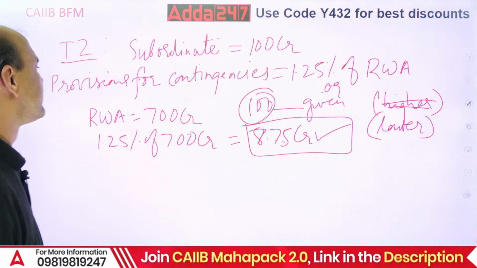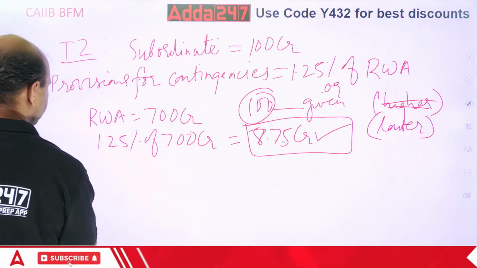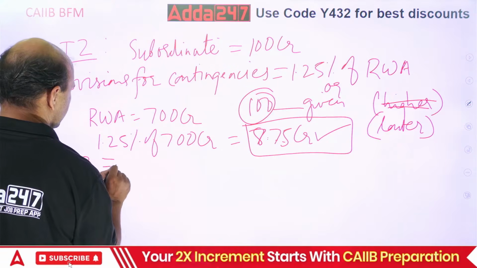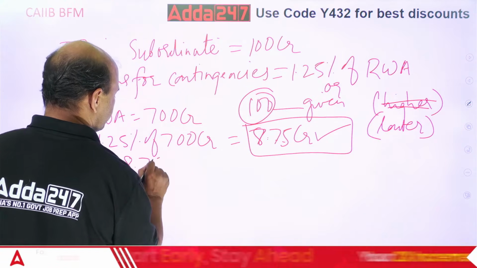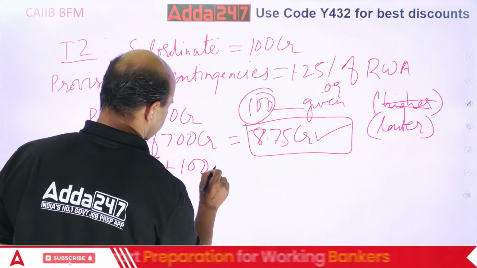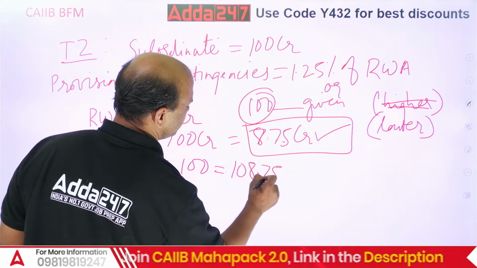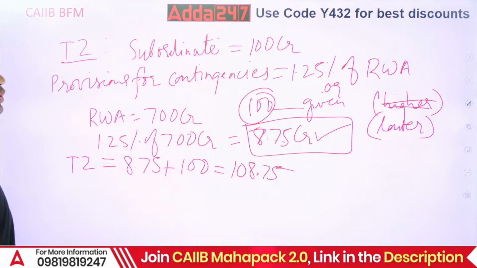Okay, so now what is your T2 then? Your tier 2 becomes 8.75 plus 100, so that is equal to 108.75. So what is your total capital now?